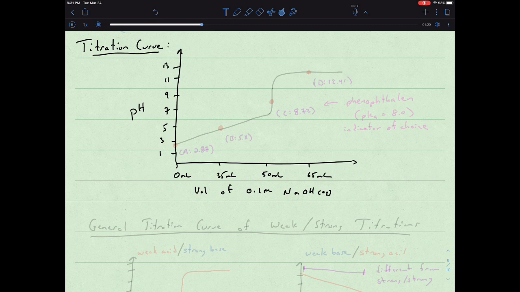Our first pH, the initial pH, was 2.87. So we could say maybe right around there. For part A, we went to 35 milliliters and we had a pH of 5.11, right around there.